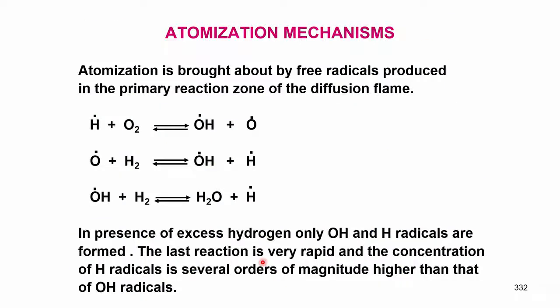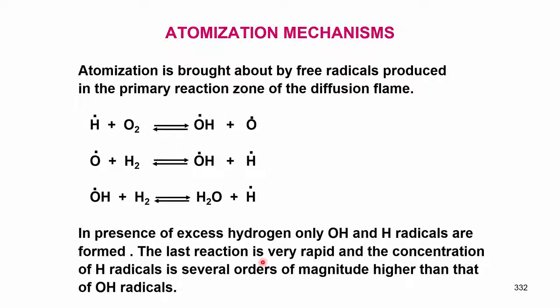So, how does the atomization take place? Atomization is brought about by the free radicals produced in the primary reaction of the diffusion flame. What happens here? In the flame we have hydrogen atoms, we have oxygen, and hydrogen free radicals also. A hydrogen radical will react with oxygen to give an OH radical and an oxygen radical.